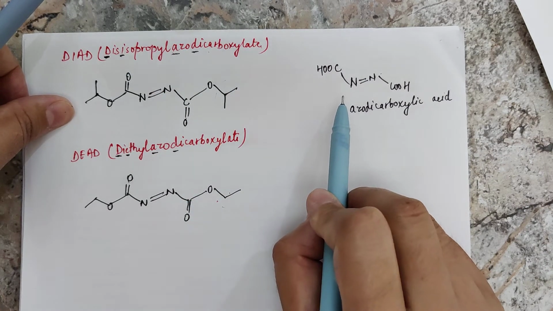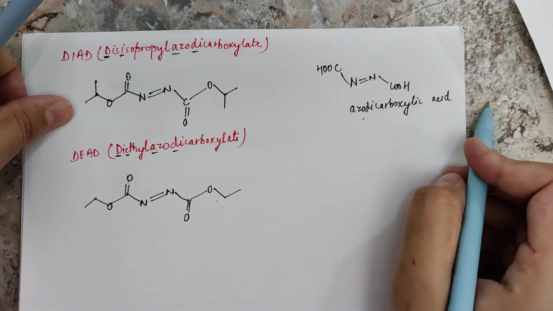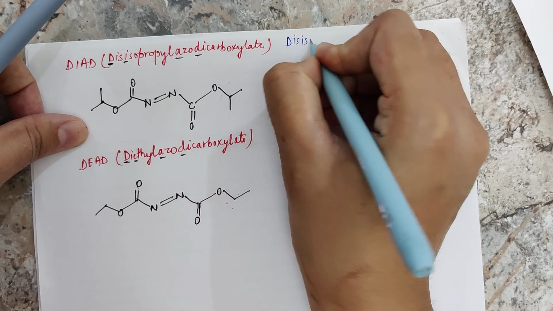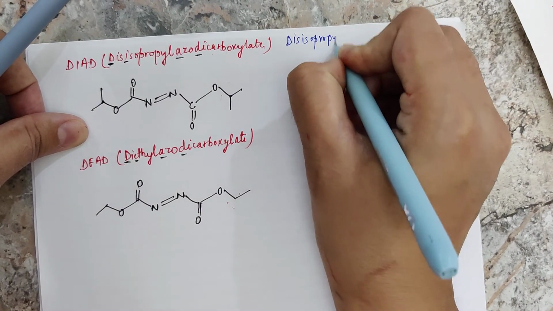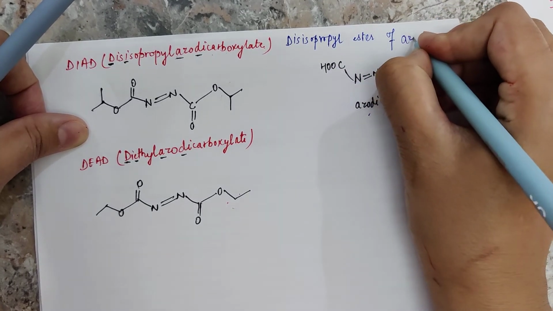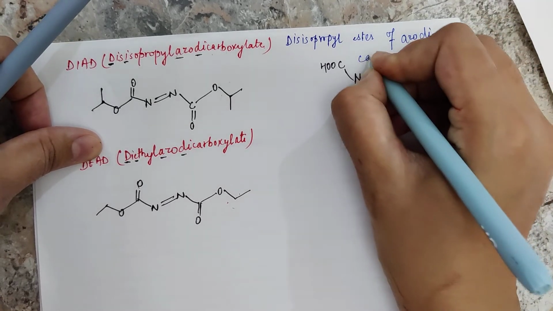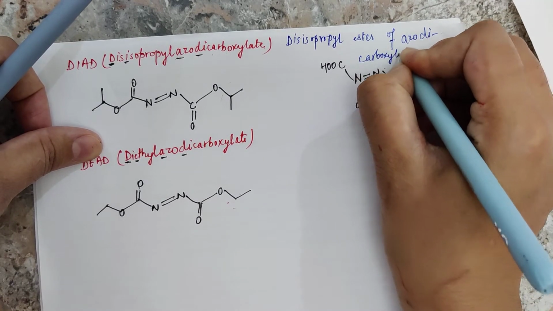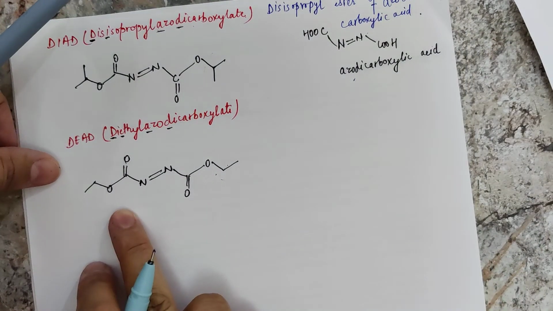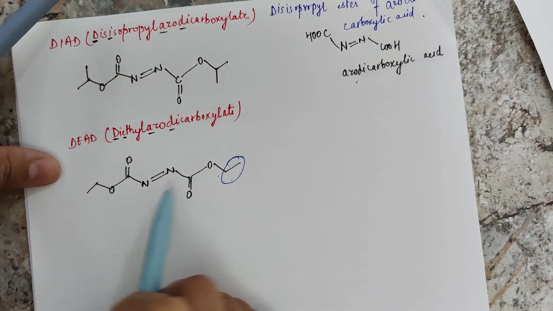Diisopropyl ester of azodicarboxylic acid. And here the only difference is you have ethyl group.